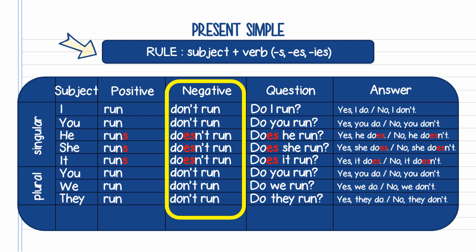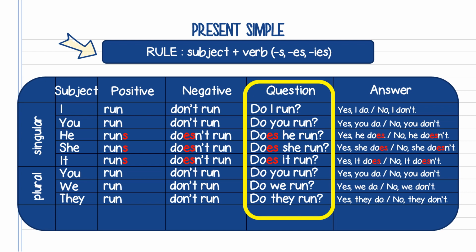Okay, let's read together. I don't run. You don't run. He doesn't run. She doesn't run. It doesn't run. You don't run. We don't run. They don't run.